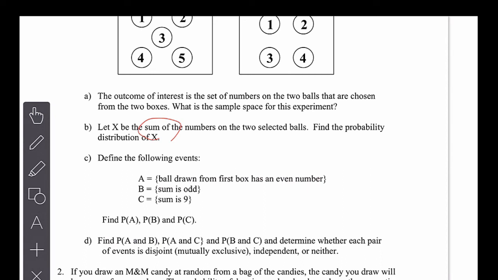If so, identify the outcomes that make it so and their probabilities, and that will give you the probability of A and B. All right? So let's go look at our diagram or our matrix to see when that is the case.